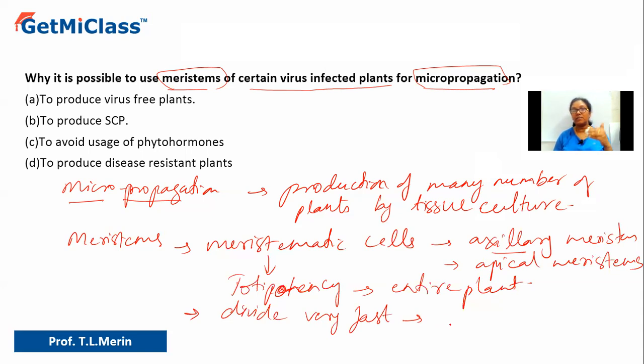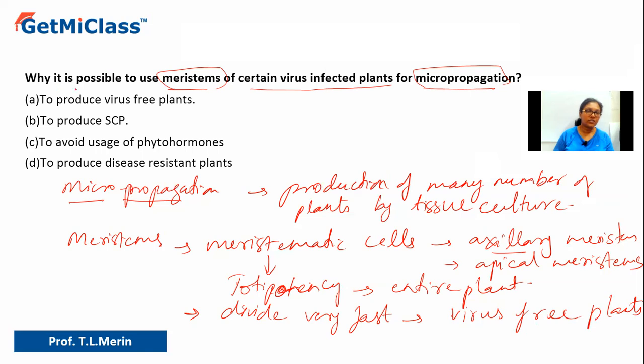Again it tries, and by then the cell has divided. After several divisions, the virus is left out without division, and you get new cells which are free from virus. So they divide very fast and give rise to virus-free plants. That is the importance, and that is why it is used for micropropagation.